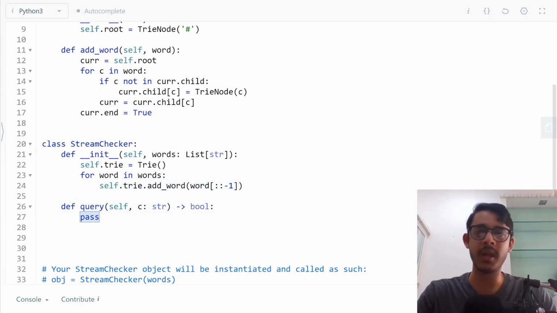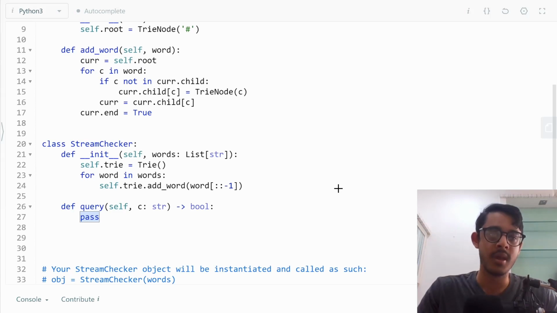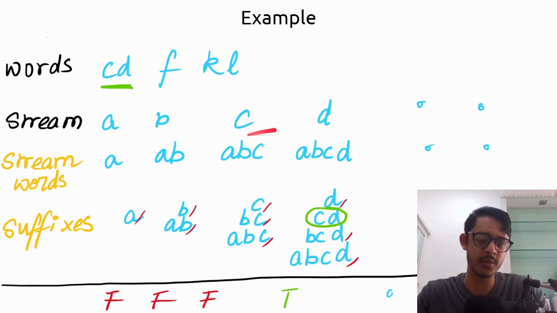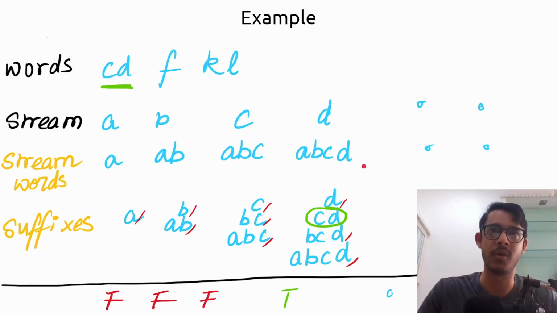Now, when it comes to the query, what's happening? Each of these queries is going to look like a stream of characters. So we have A, B, C, D, and so on. And what's happening in those cases? Well, when we have the character D, we'll just look at the previous stream word and add the character D to the end of it. So we'll have ABC plus D, which gives us ABCD, and so on and so forth.